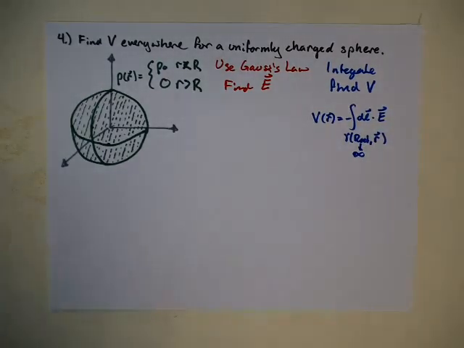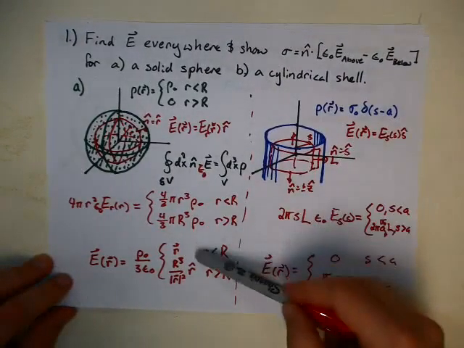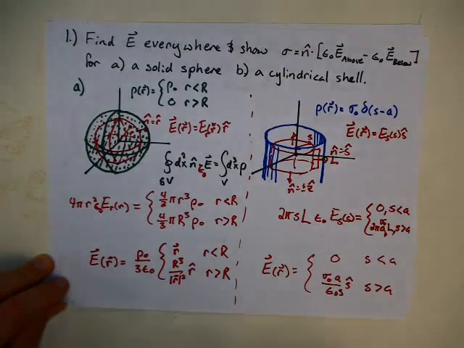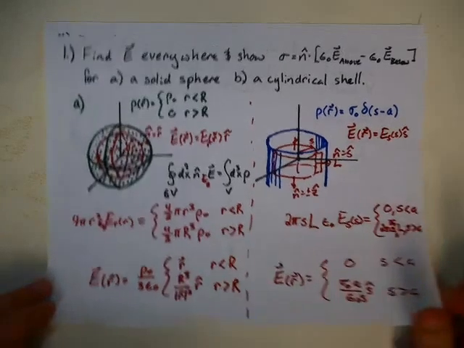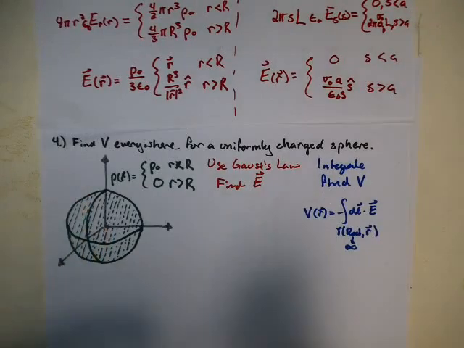Now, I said we're going to use Gauss's law to find the electric field for the uniformly charged sphere. Luckily, we've already done that. Going back to problem 1, Gauss's law for the uniformly charged sphere gives us this result, so I'm simply going to copy that down for this problem.